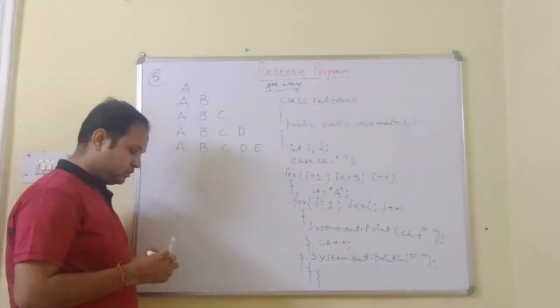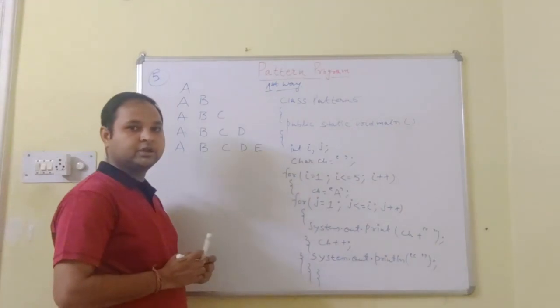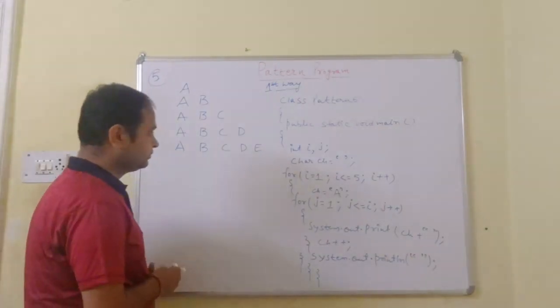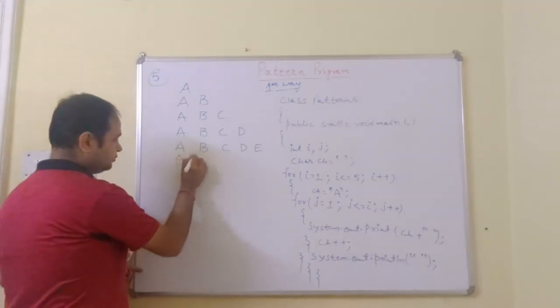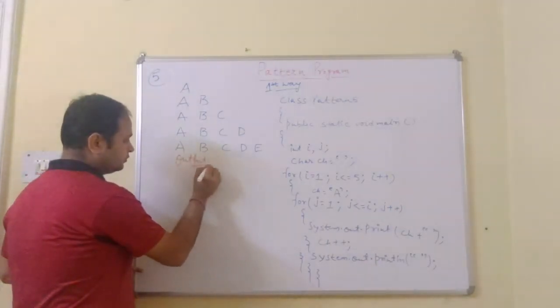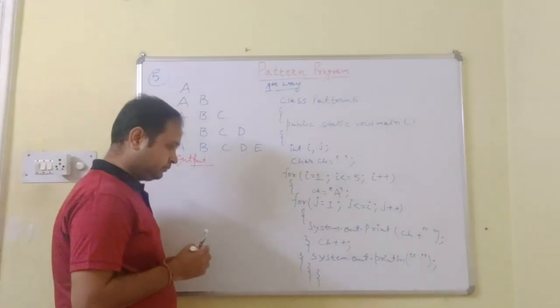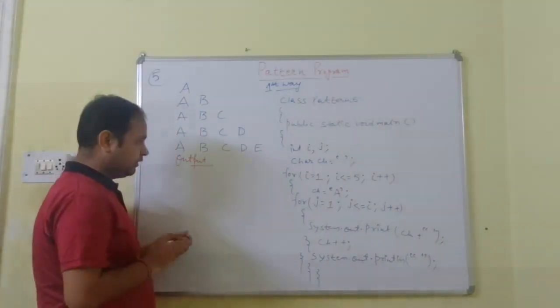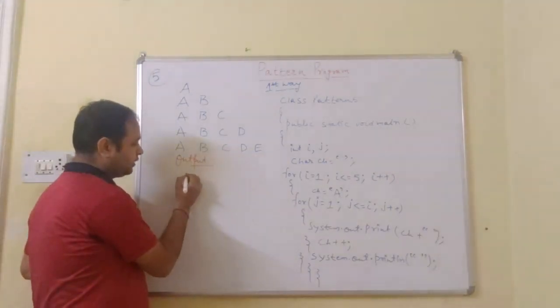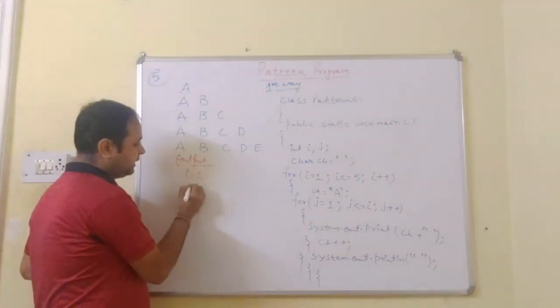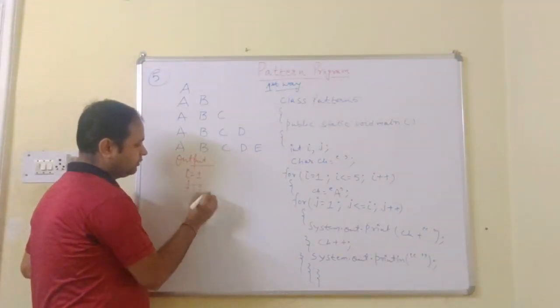Okay. So now I come to the working of this. First we have i equals to 1 and j equals to 1.